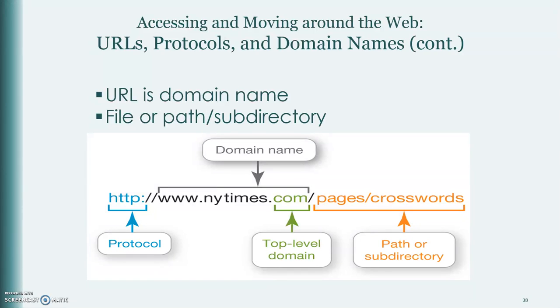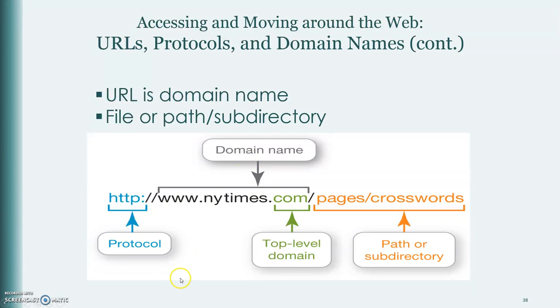So let's talk about the parts of a URL. These are probably things that would be good for you to learn the labels of. Here we have HTTP://, that is our protocol. That's the set of rules the internet follows when you are visiting web pages using this protocol, HTTP, which stands for Hypertext Transfer Protocol. This next part, www.nytimes.com, is your domain name.